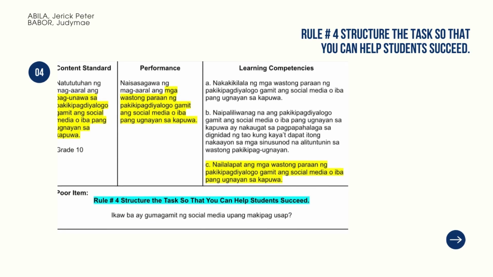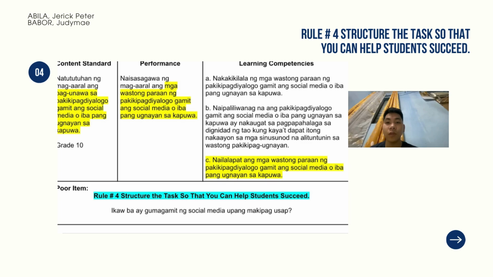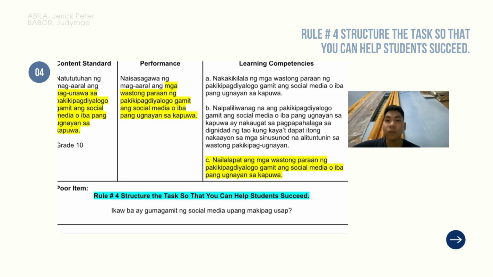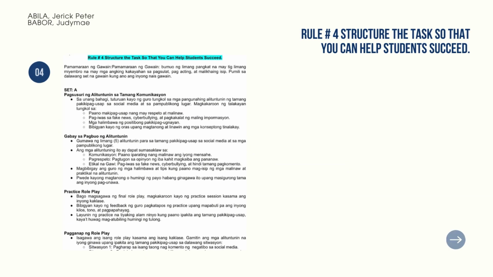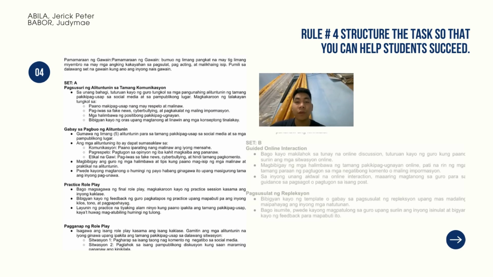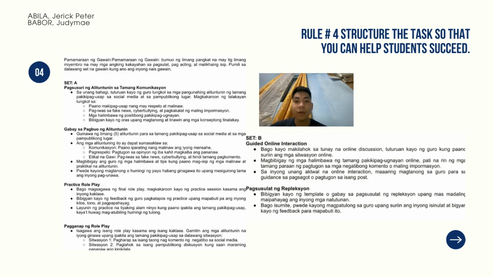So now in rule number 4, structure the task so that you can help students succeed. In our poor item, ikaw ba ay gumagamit ng social media upang makipag-usap? So we don't have an indicator for helping the student. So in our improve item, as you can see in set A and set B, set A, pagsusuri sa alituntunin ng tamang komunikasyon.